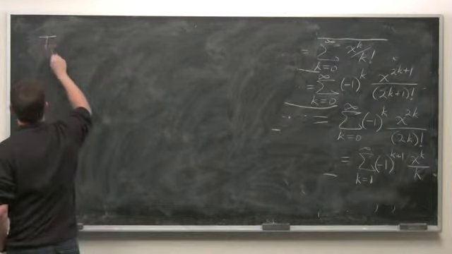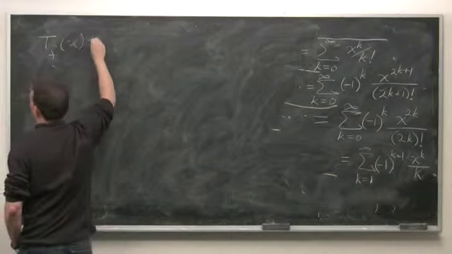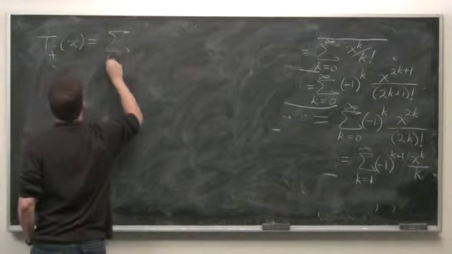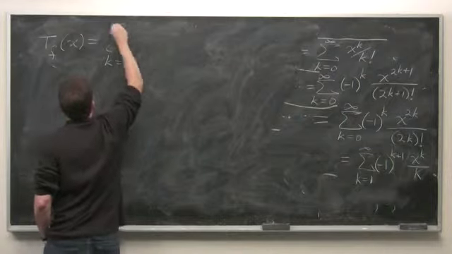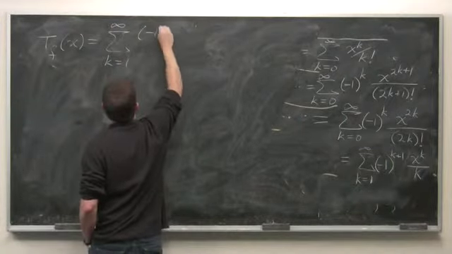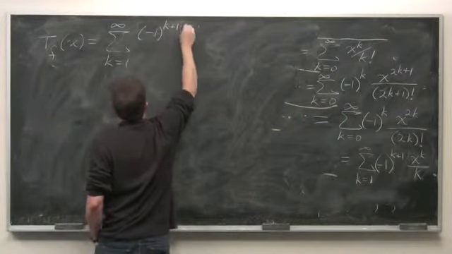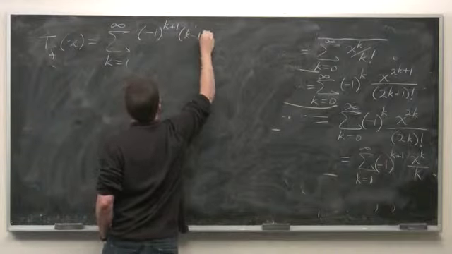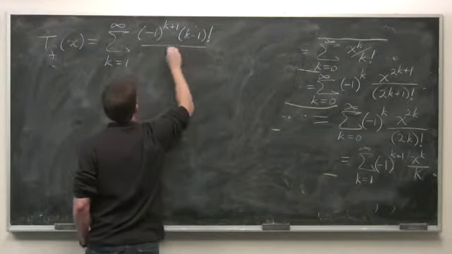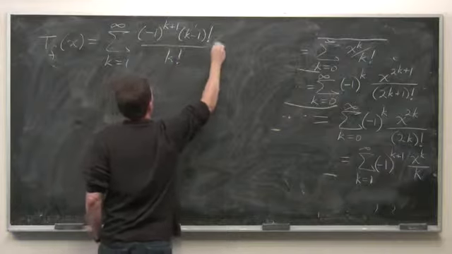So we're getting that this is the sum as k goes from 1 to infinity of (-1)^(k+1) times (k-1)! over k! times x^k.